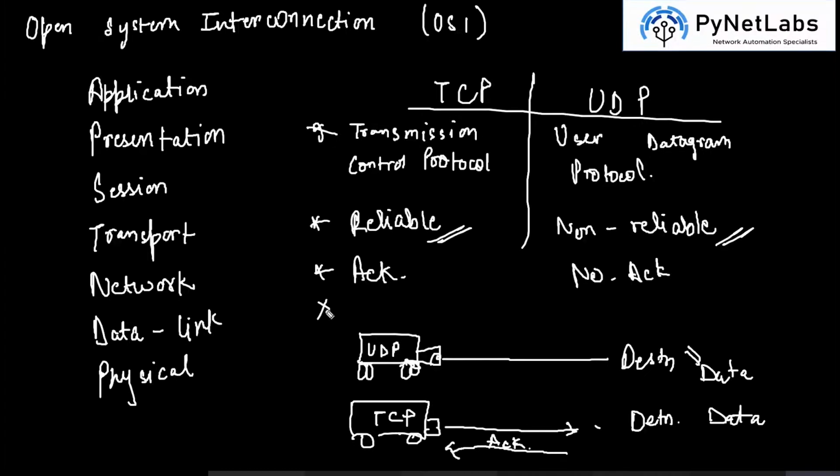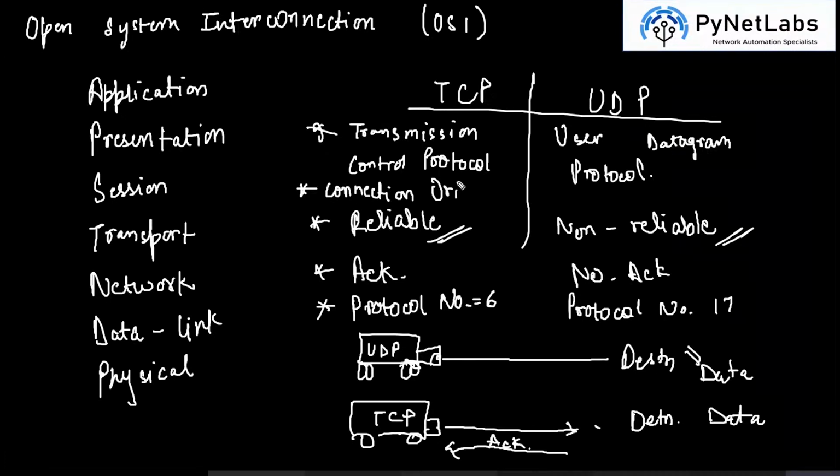Now these protocols have some numbers. The protocol number for TCP is 6, and for UDP it is 17. We can call TCP connection oriented, right?